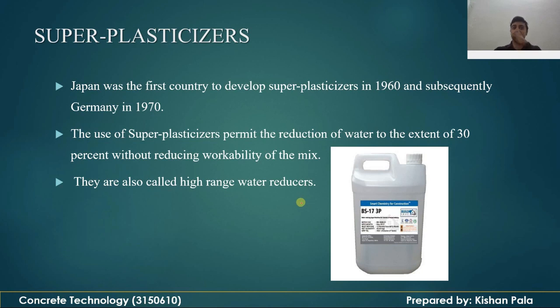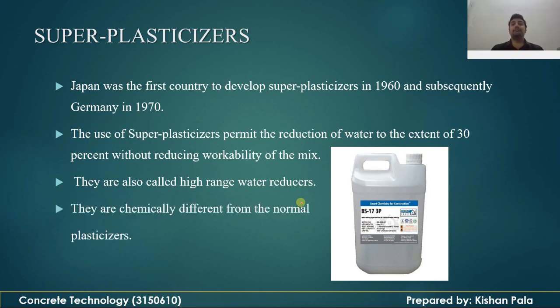Next one is they are also high range water reducers because you are reducing up to 30% of the water mass compared to the normal, and they are chemically different from the normal plasticizer, and they are more powerful dispersing agents because you can also change the flowability of the concrete mass with the use of the super plasticizer. It can be possible only with the super plasticizer.